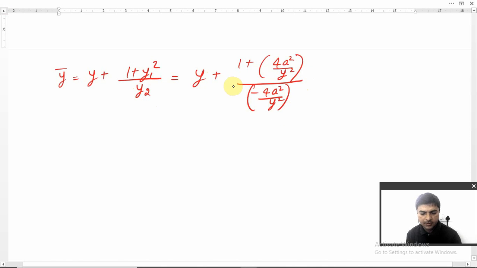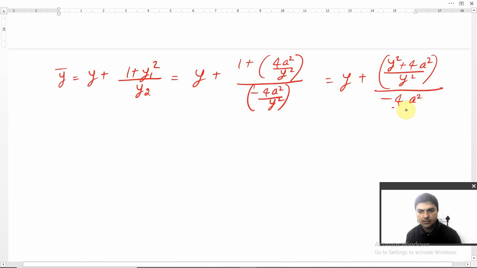Now again if you simplify this, friends, simplification is very easy. We'll keep y as it is, plus we'll take LCM in the numerator, so this will be y square plus 4a square divided by y square. Is it clear? The whole divided by minus 4a square divided by y square. We keep this as it is because y square will get cancelled.